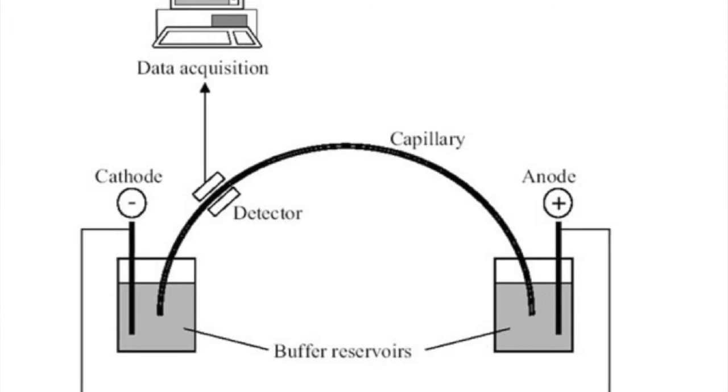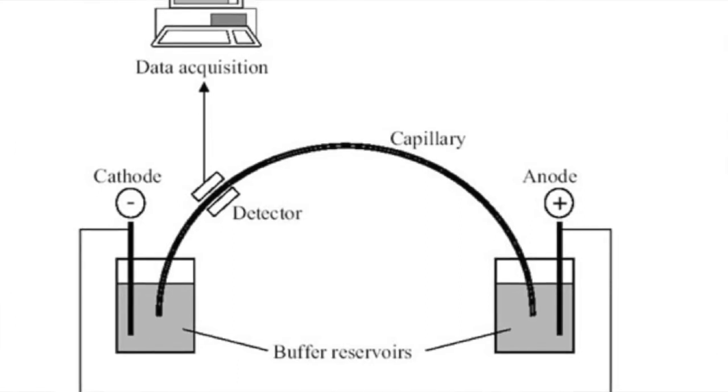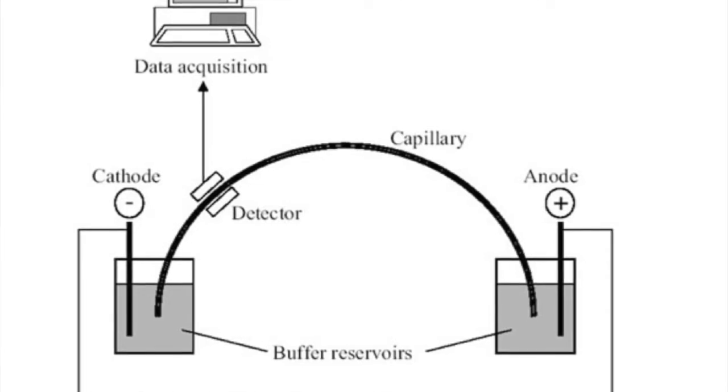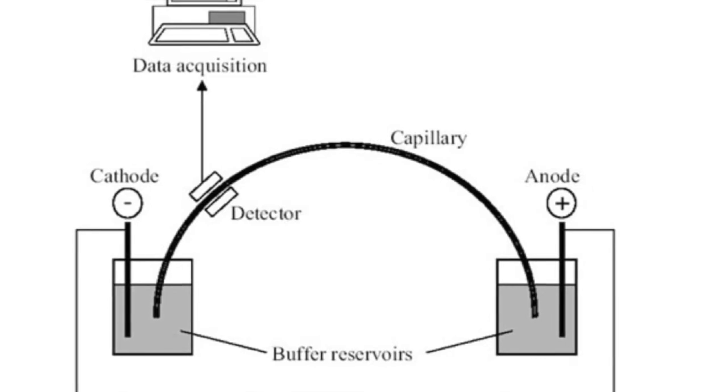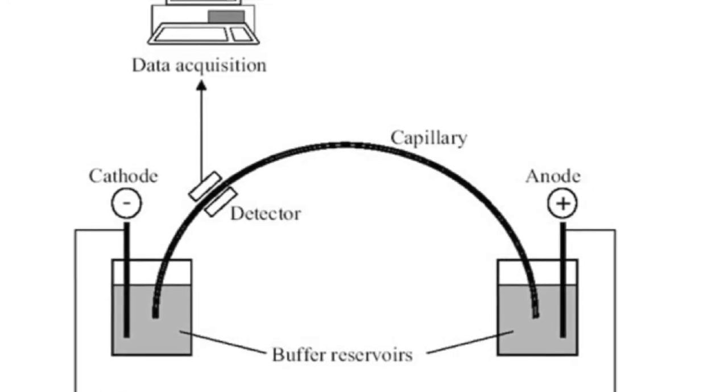There are two buffer reservoirs. One has a cathode and the other has an anode. A buffer at a certain pH is used, depending on the analyte. A high voltage power supply is linked to the anode and cathode.